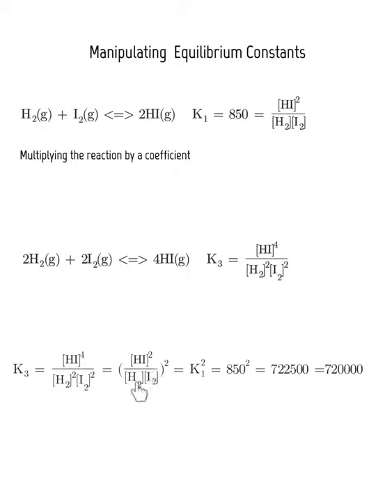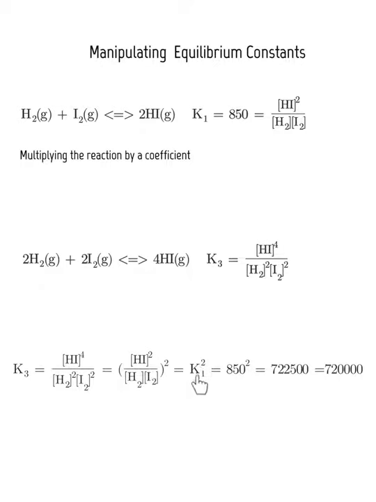What we have done to K1 is we've raised K1 to the power 2. Now this number is very familiar. It's the very same number that we used to multiply this whole reaction by.